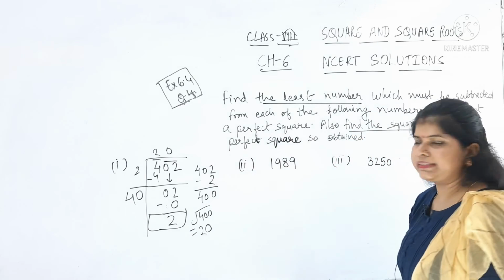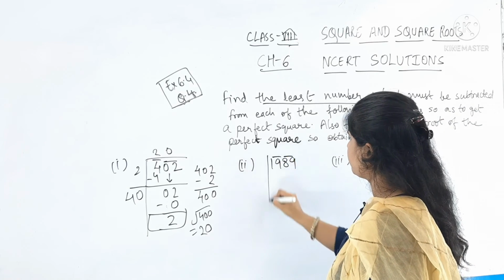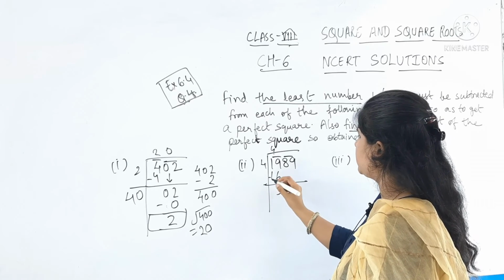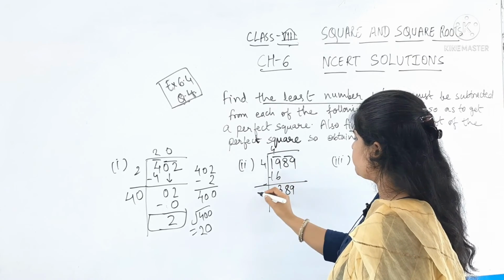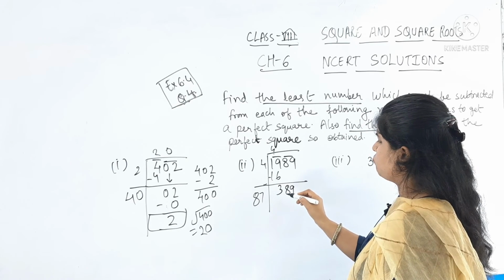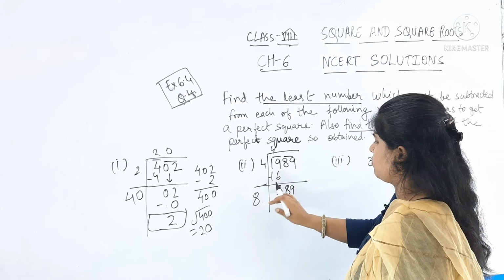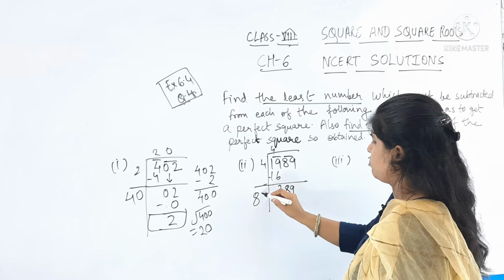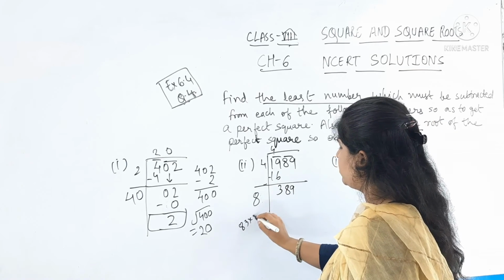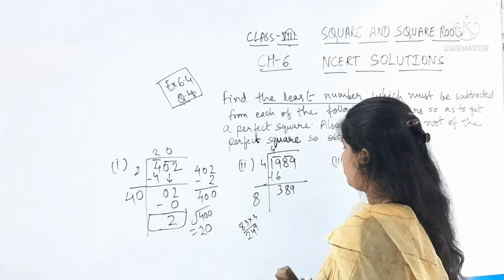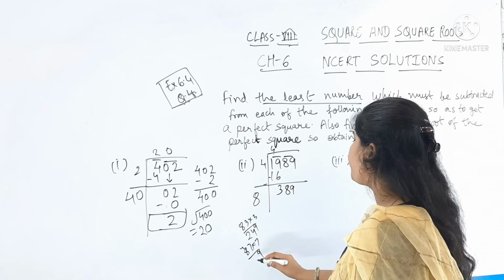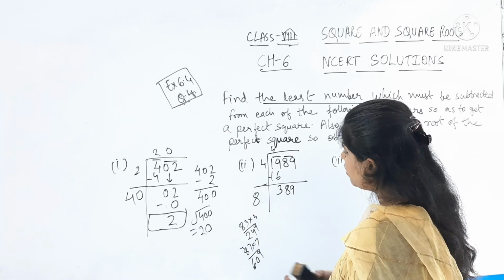Now come to the second part. Here 4 4s are 16, 4 plus 4 is 8. Okay, then what it will be, 83 into 3, 3 3s are 9, 3 8s are 24. 87 into 7, 7 7s are 49, 7 8s are 56 and 4, that is 60. 609 will be a bigger number.